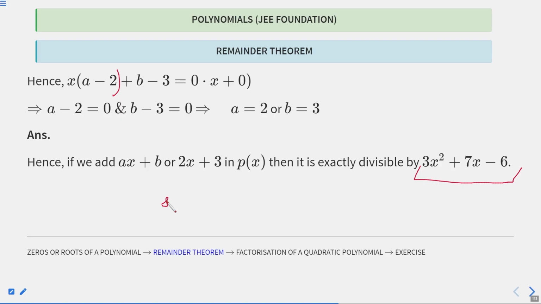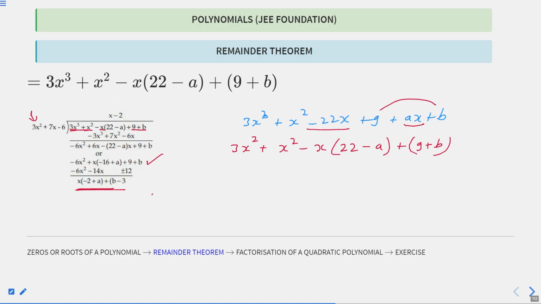Previously, this divisor completely divides this, and we have reached our remainder. If we put it equal to 0, then only it can be true.